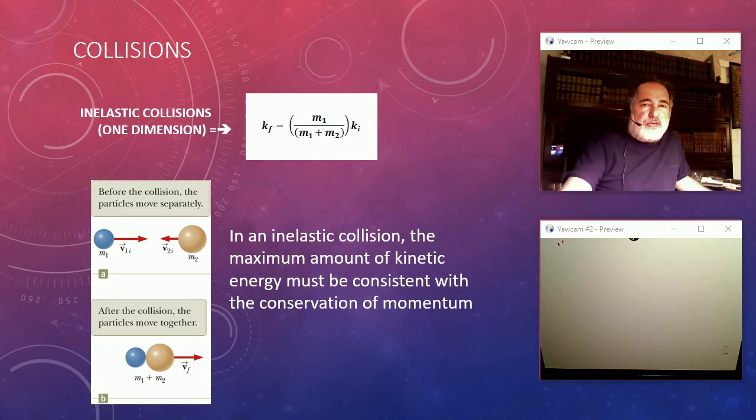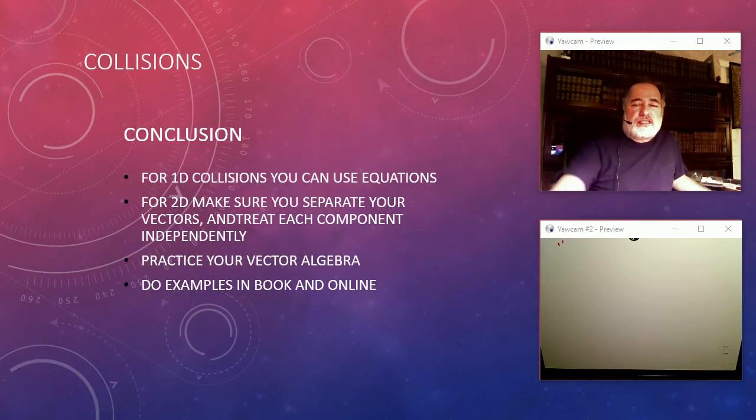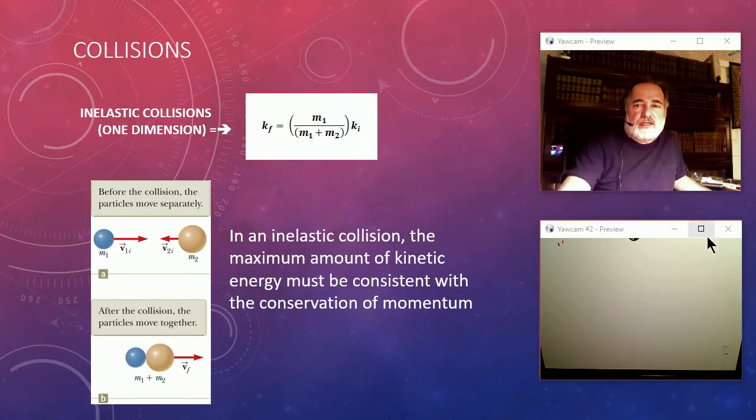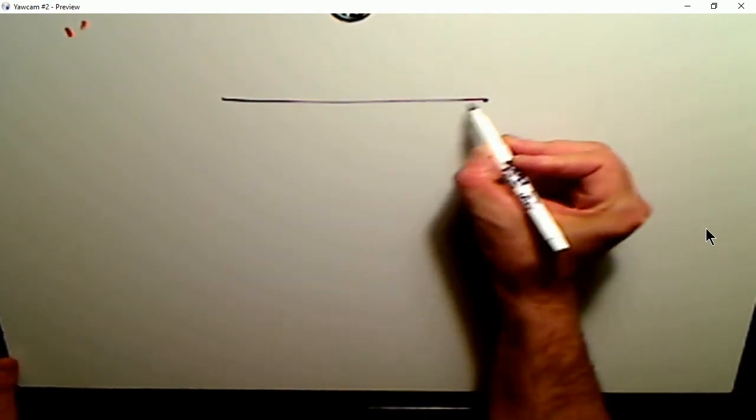Now, it must be consistent with conservation of momentum. In one dimension, we could look at this equation, but often you see this in 2 dimensions. Let's take a look at it. Like so, we're going to have a collision here.